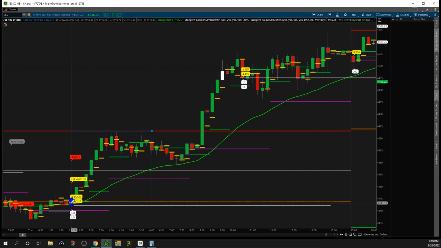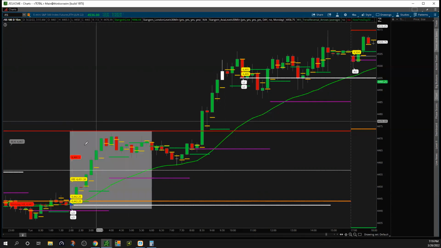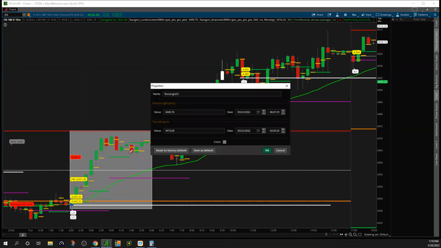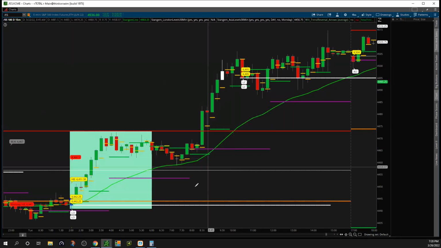Let's see what that low was. 40.75. Close enough. All right, let's draw the fibs.